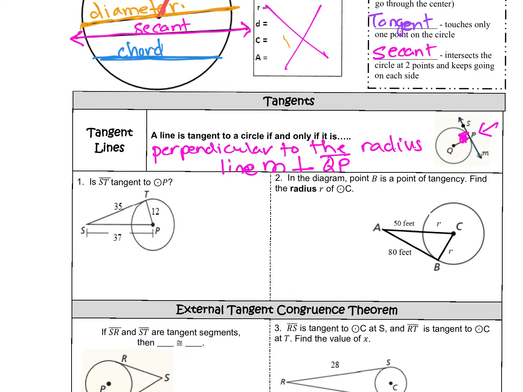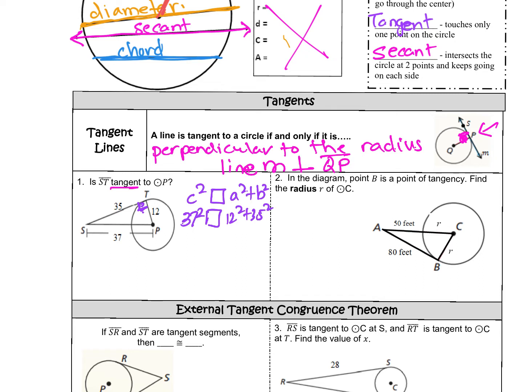So now we have to say, is ST a tangent line? We're trying to figure out, is this a right angle or not? Remember you have three sides. If it's supposed to have a right angle, remember it's c squared, our box, a squared plus b squared. If it is equal to, then it is yes. Our c squared is our longest side, so here's 37 squared equals 12 squared plus 35 squared.